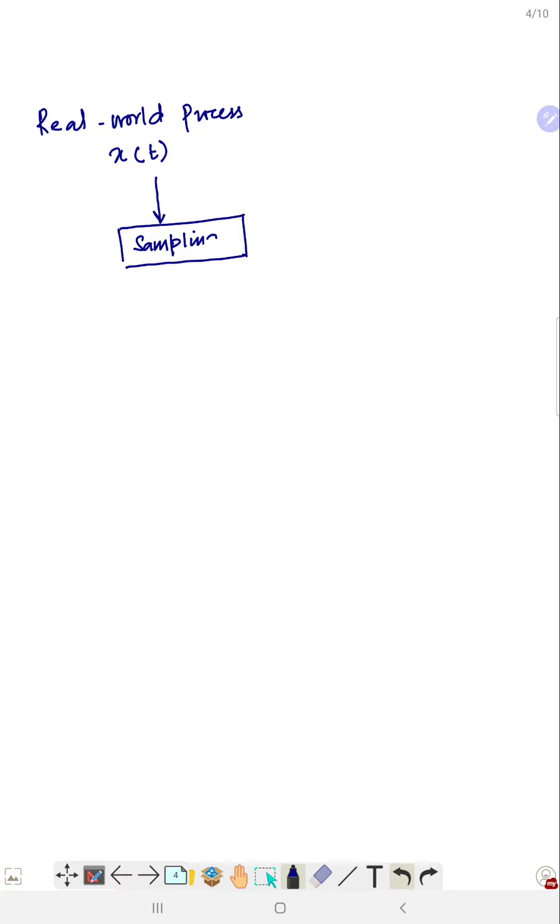We call this process sampling. Sampling will discretize time. That is, time will no longer be continuous, it will be in terms of discrete instants, right? So after sampling, I will be getting x of n.